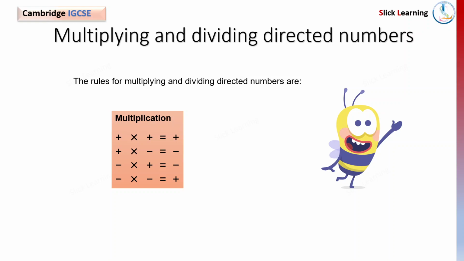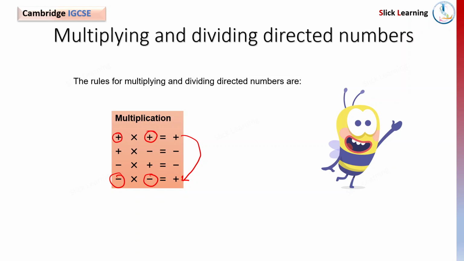Here we are going to apply the same fundamentals. If there are two same signs in multiplication, we are going to take plus. As you can see, the first and the last case both have the same sign. Plus multiplied with plus, we are going to get plus, means positive. Negative multiplied with negative, we are getting plus.